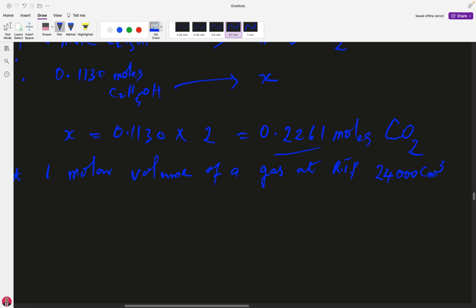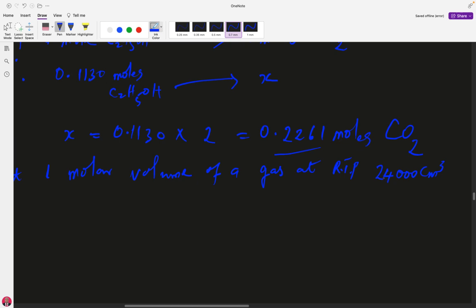If 1 mole of any gas occupies 24,000 cubic centimeters, let's say it was carbon dioxide, 1 mole of carbon dioxide will occupy this volume.